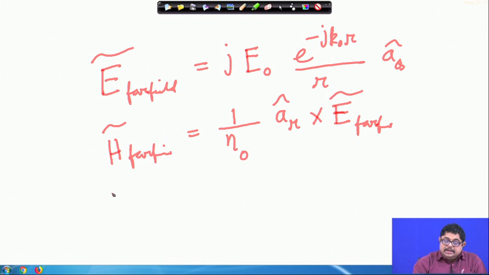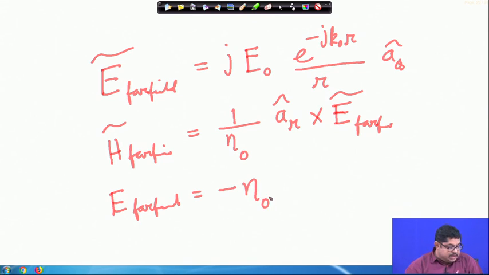Similarly, this E far field also now I can derive from the H far field, that E far field will be minus eta naught, this minus is coming because of the coordinate system, A r cross H far field.